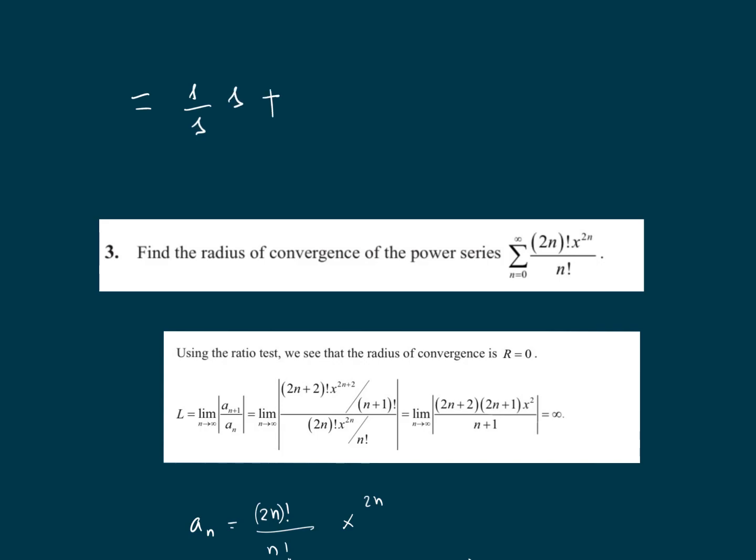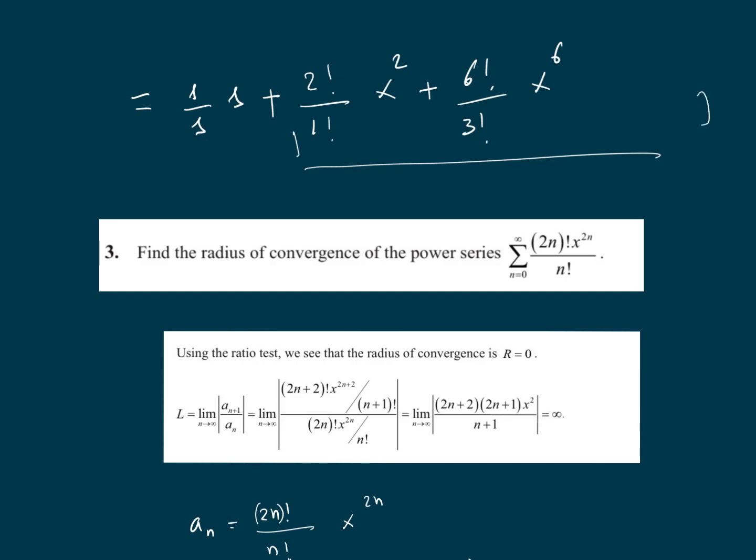Plus the following term. When n equals 1, it will be 2 factorial divided by 1 factorial, times x squared. Now n equals 3: it will be 6 factorial divided by 3 factorial, times x to the 6. When x equals 0, all the sum here will be 0 except the first term.